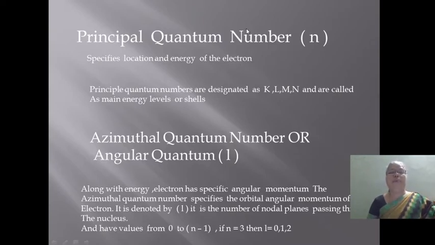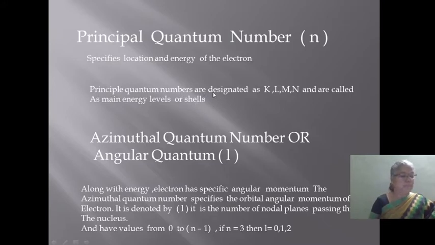The principal quantum numbers are designated as K, L, M, N. These are called the main energy levels or shells.